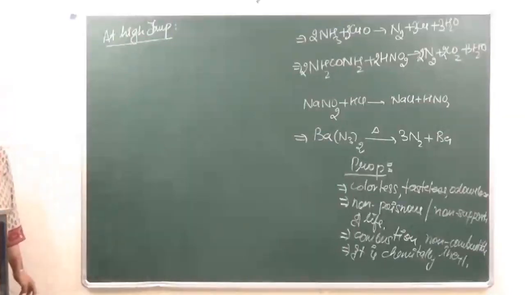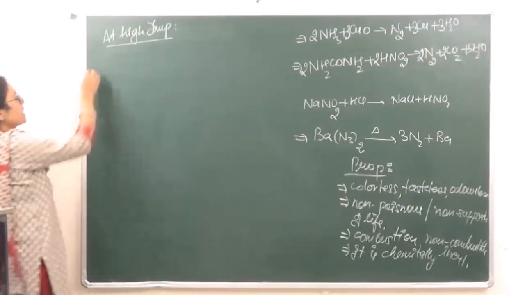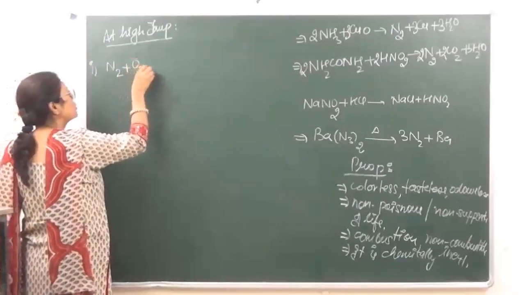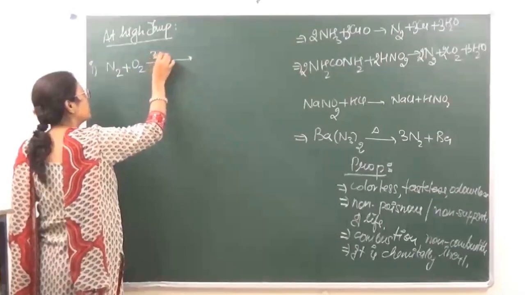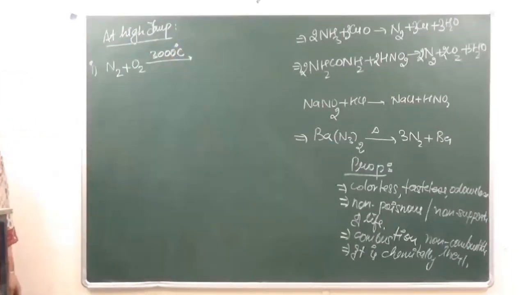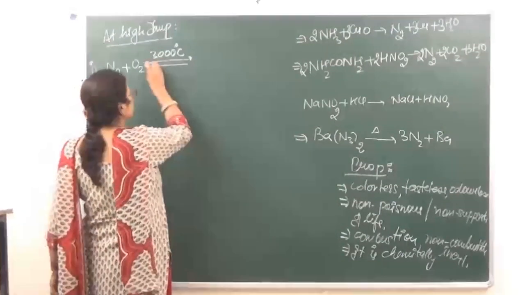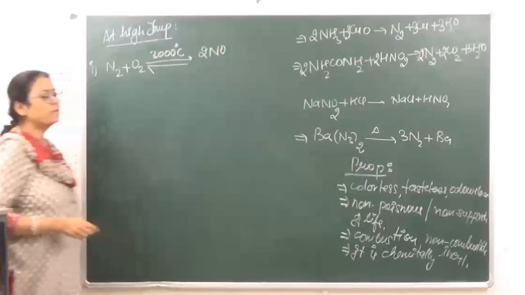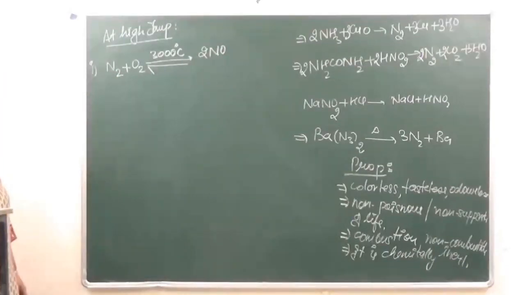Which can take place. The first is the reaction of nitrogen plus oxygen at a very high temperature of 3000 degrees centigrade. When nitrogen is converted to nitric oxide. Okay, so you can see over here the temperature जो है that is very high.